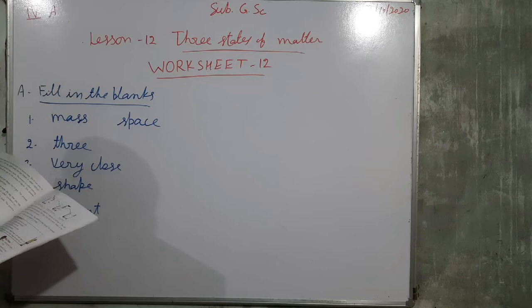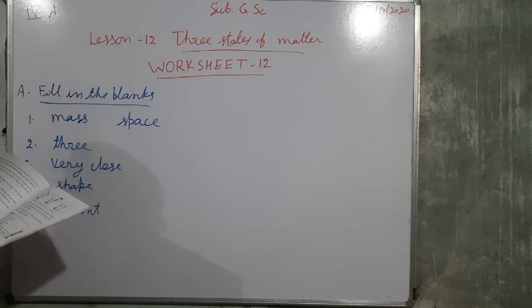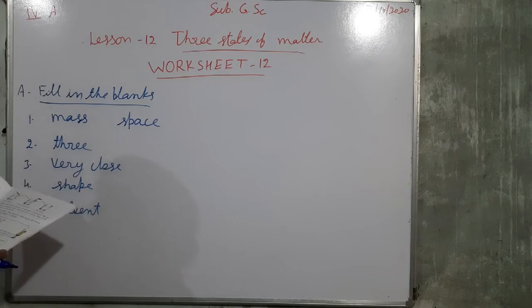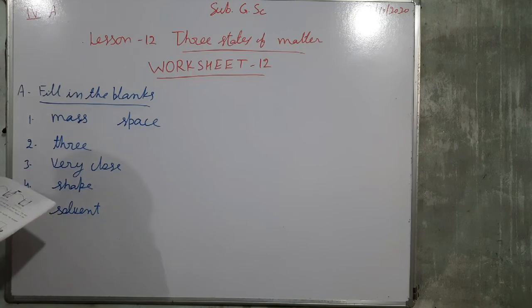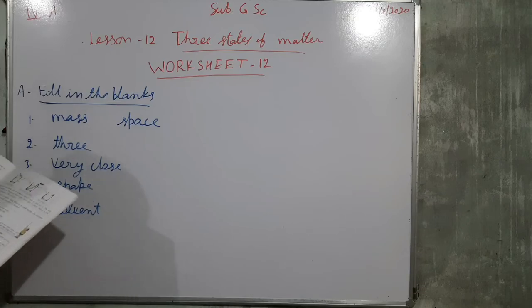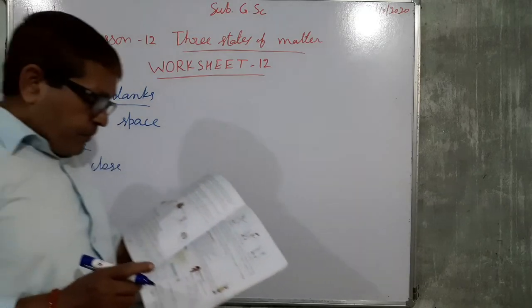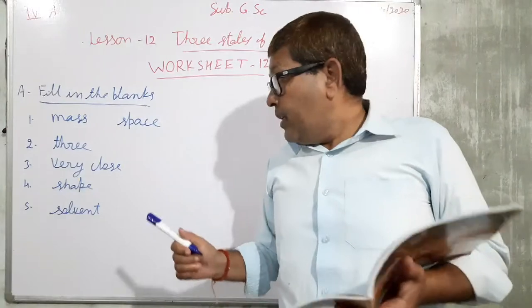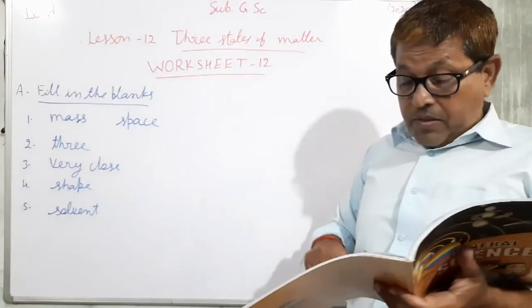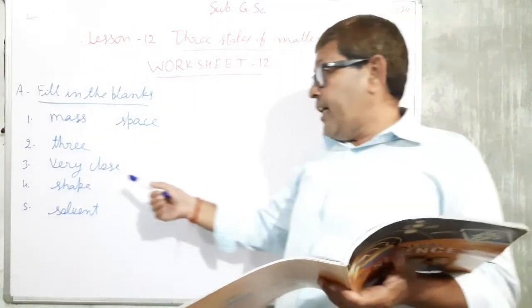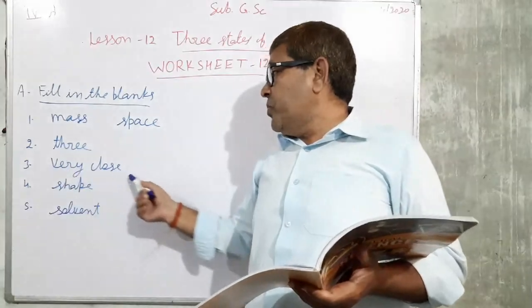So this is the fill in the blanks. First, matter is anything that has mass and occupies space. Second, matter exists in three states. Third, in solids, molecules are very close to each other.